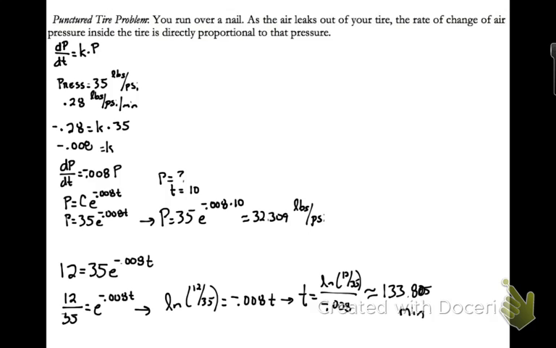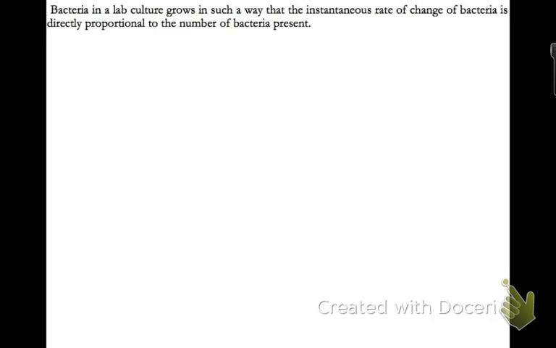Let's look at a second example problem. Here we have an instance where there's bacteria in a lab culture, and it's growing in such a way that the instantaneous rate of change of bacteria is directly proportional to the number of bacteria present.